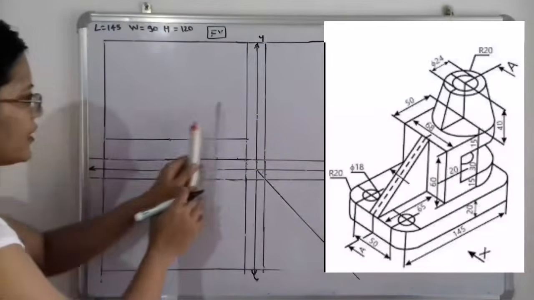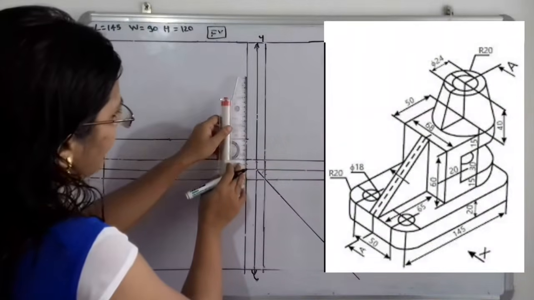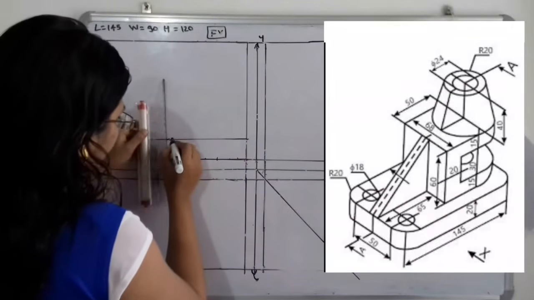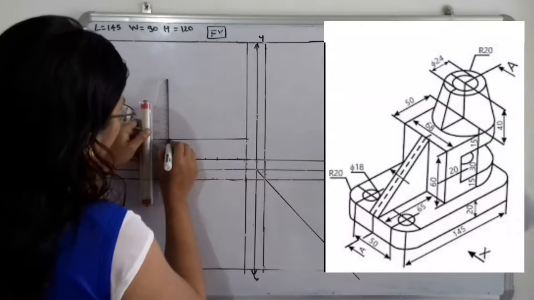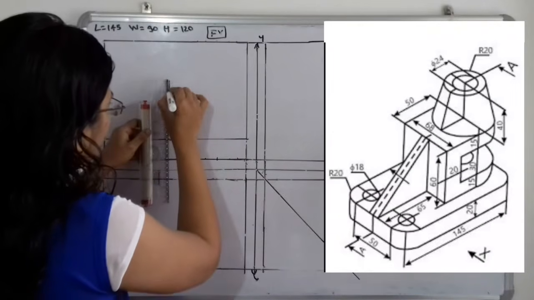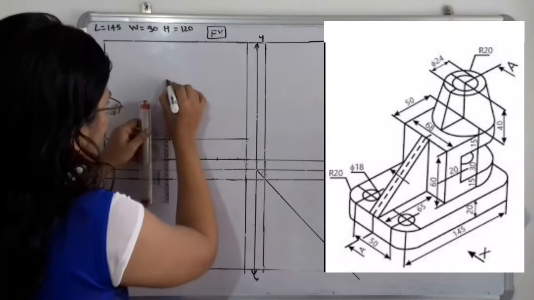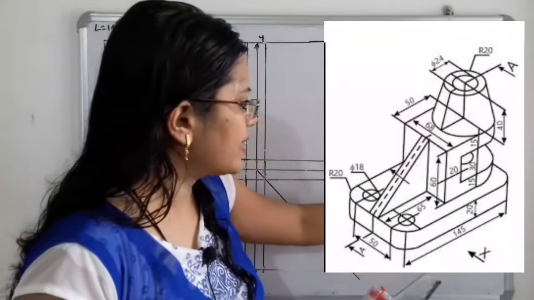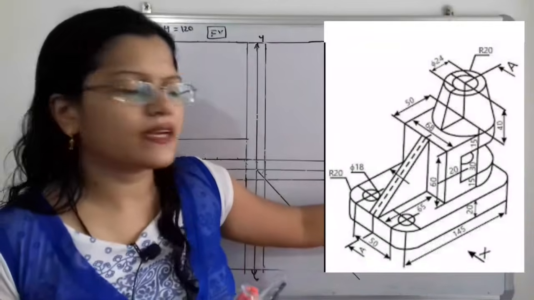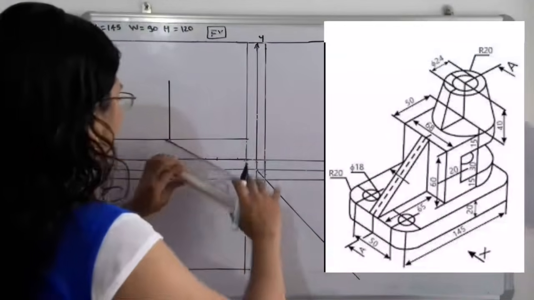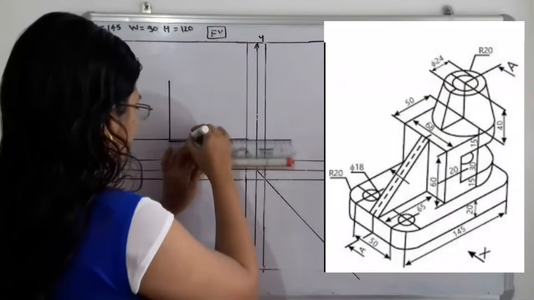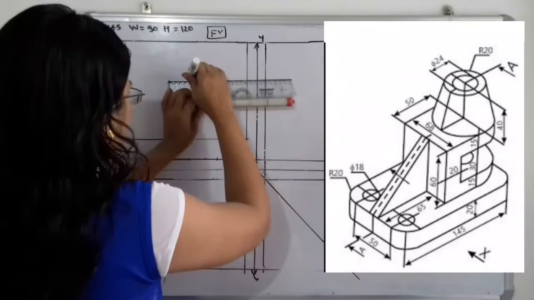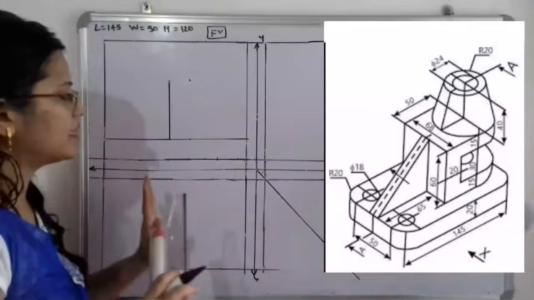So we have to draw one vertical line equal to 60 millimeter. Then next there is a construction of 20 millimeter length, so we will just select the point.